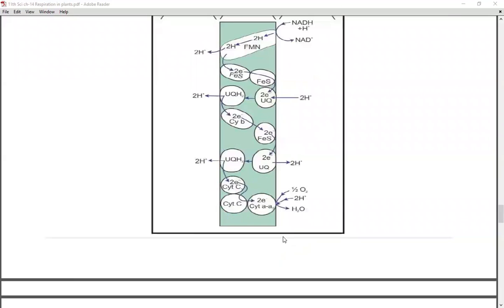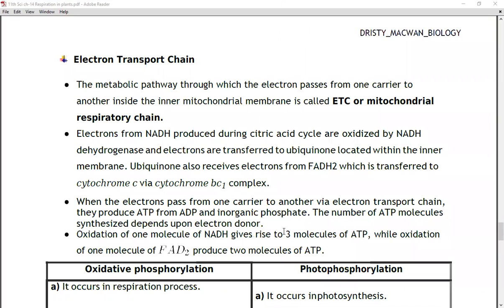or the whole chain is running, right? So the electron transport chain is a metabolic pathway through which the electrons pass from one carrier to another inside the inner mitochondrial membrane, which is called the ETC or mitochondrial respiratory chain. So through this pathway the electrons are being passed from one carrier to another, and this takes place inside the inner mitochondrial membrane.